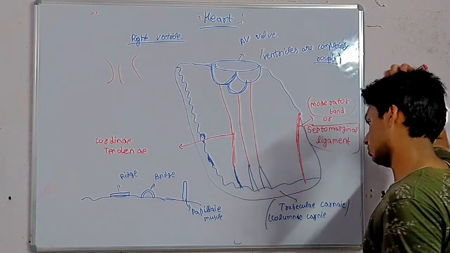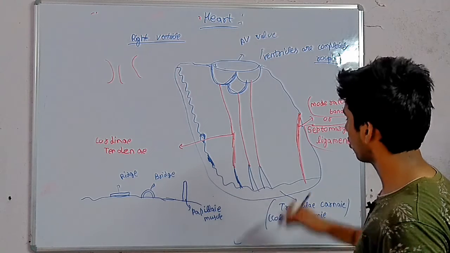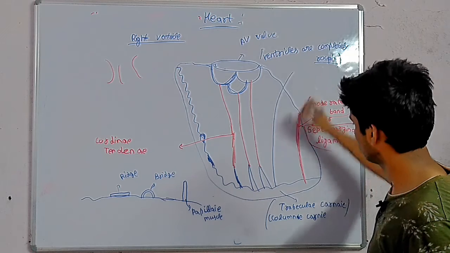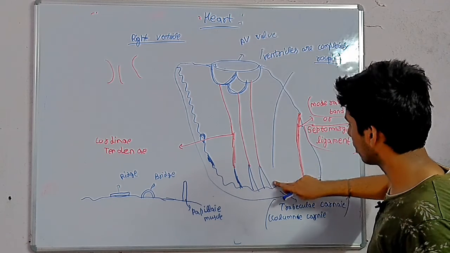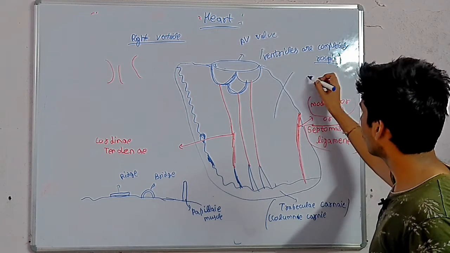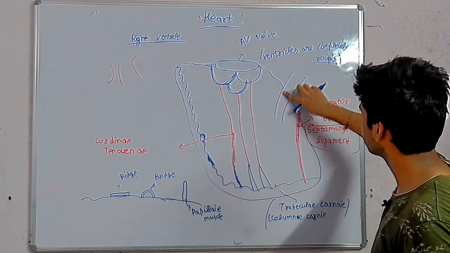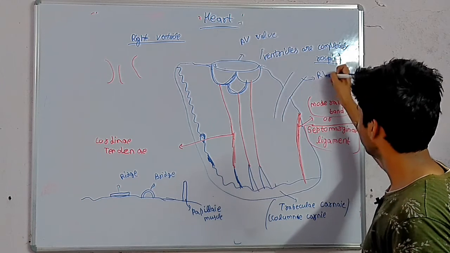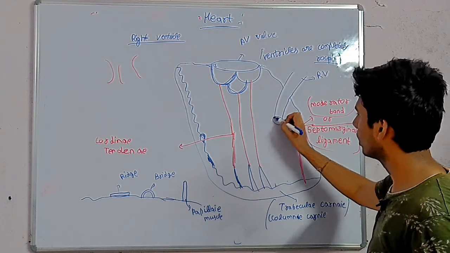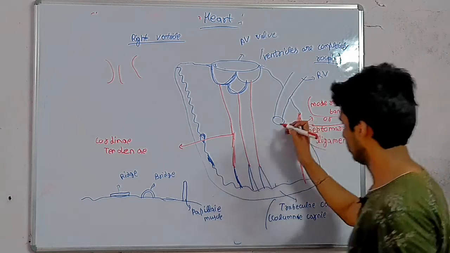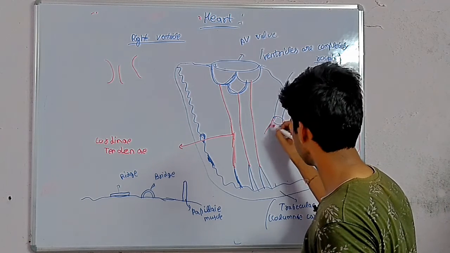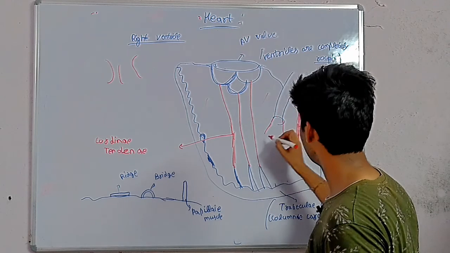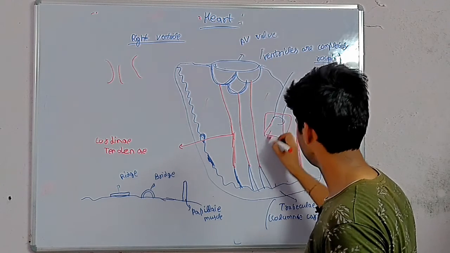Then there is an opening that goes towards the base. This whole portion is rough, but near the opening of the pulmonary trunk from the right ventricle, the portion is smooth.